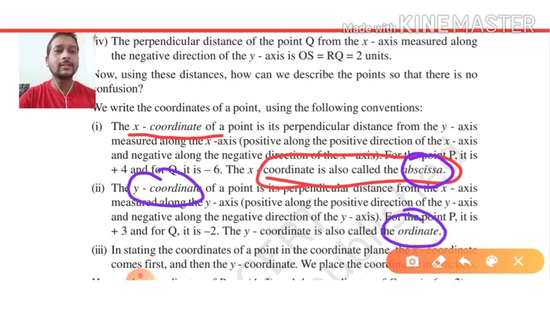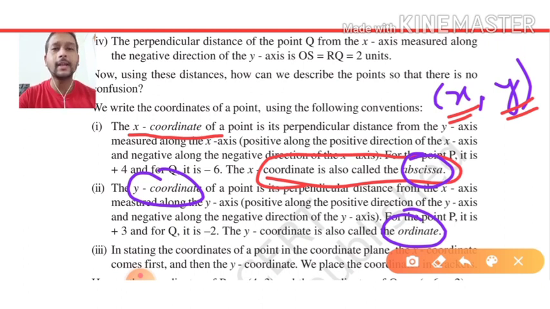So if you are writing x comma y, this is the x coordinate, the abscissa, and this is the y coordinate, the ordinate: abscissa and ordinate.